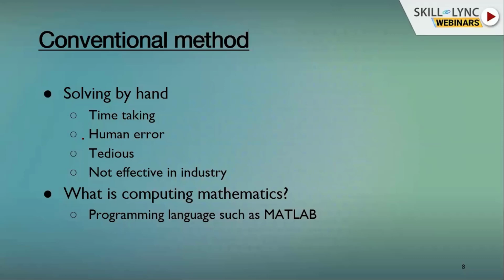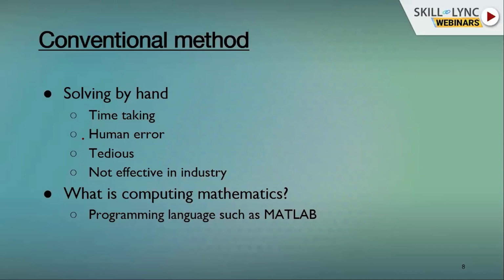Because it will take time. Next, it will introduce human error. Let's say today you are working on a problem, and if someone else comes and works on the same problem, he may make some errors, and that task is also tedious because you cannot do repetitive calculations again and again. It will take the same time.